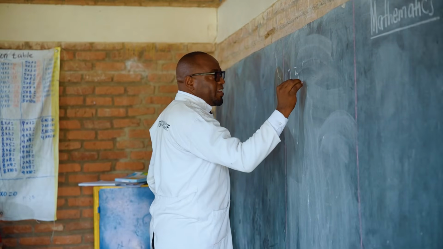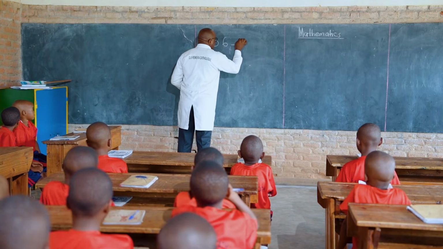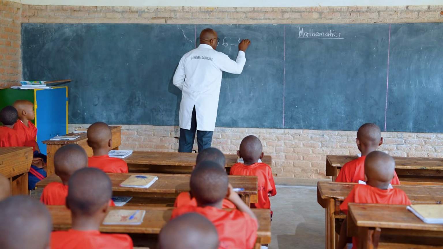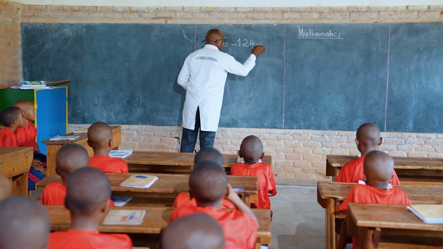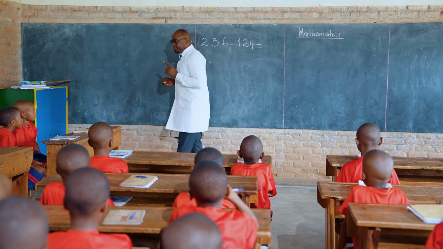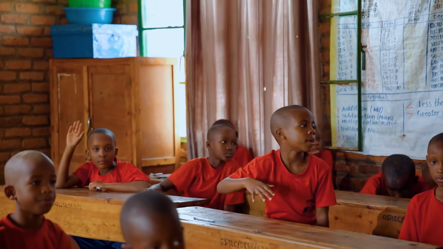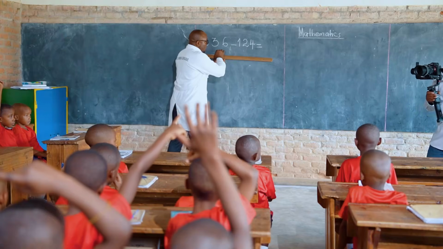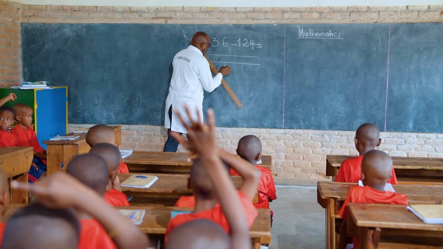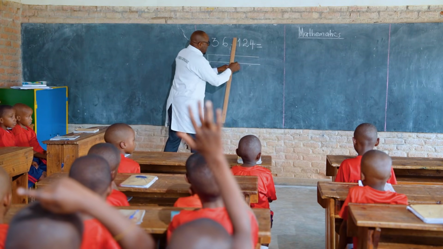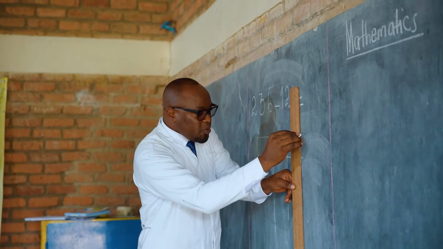If I have like 236 minus 124, let me see what we are going to do. When we are doing it, the simplest way to do it, we have to use what? We have to use the table of place values. Let me draw it here so that we can use it.